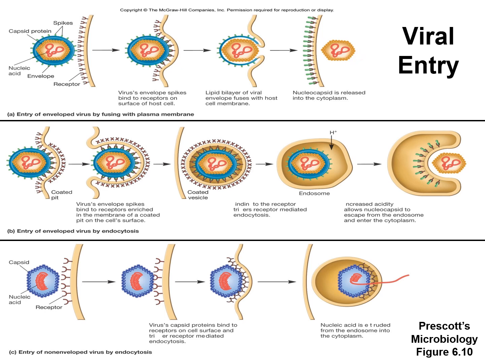The second picture is showing again an enveloped virus binding to specific receptors, and in this case, instead of the viral envelope fusing with the host cell membrane, the virus is going to enter by receptor-mediated endocytosis.